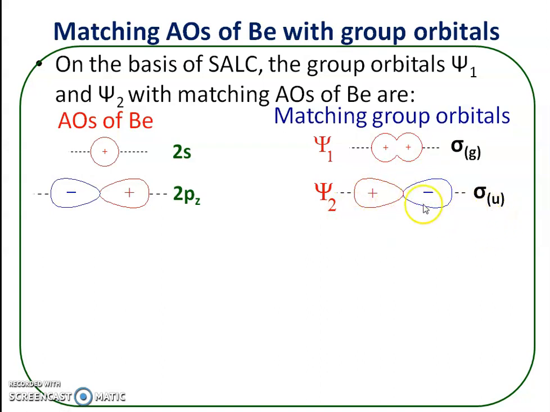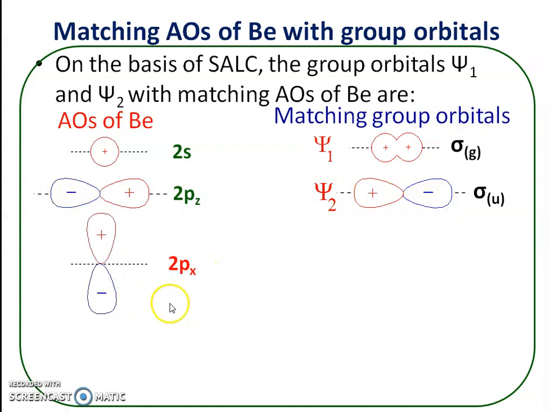It is sigma u. There are two lobes, one positive and the other negative, and again between the 2pz atomic orbital of beryllium and the psi 2 group orbital of the peripheral atoms, axial overlapping is possible. This positive lobe can overlap with this positive lobe. These two orbitals are oriented along the internuclear axis and therefore they match with each other.